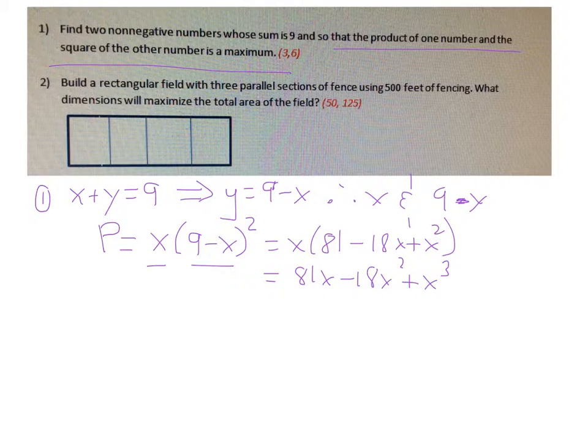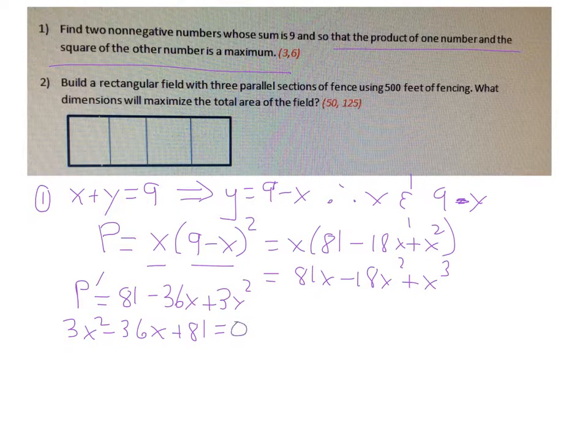In order to find the maximum or the minimum, we always take the first derivative, and we set it equal to 0. Now, you're going to try to factor this result and find the values of x that give you an answer of 0.